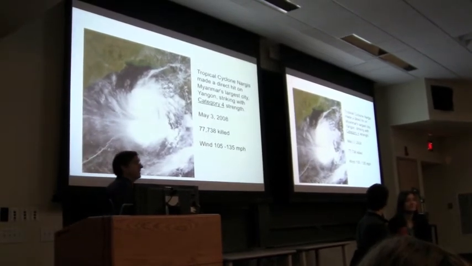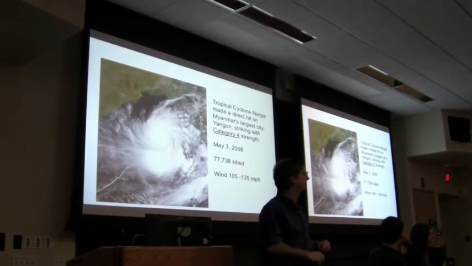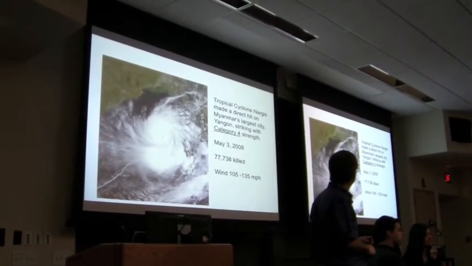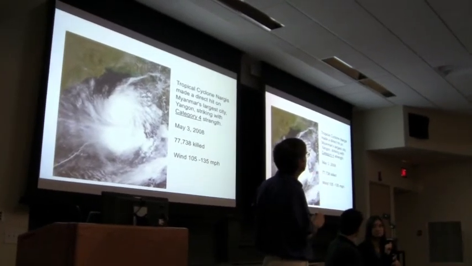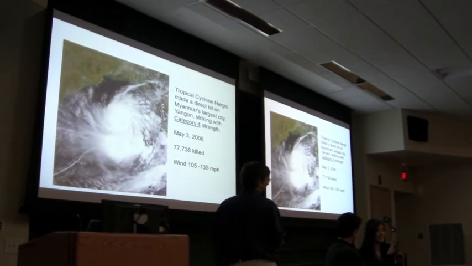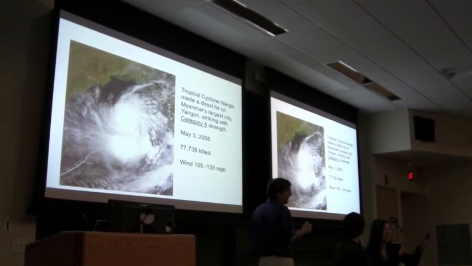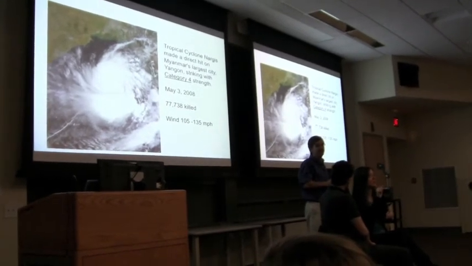Now, how many people died in Katrina? Anybody know? Roughly? Do you think it was more or less than 77,738? It was a lot less. I don't know the number offhand, but probably maybe 100, if that. Probably less.